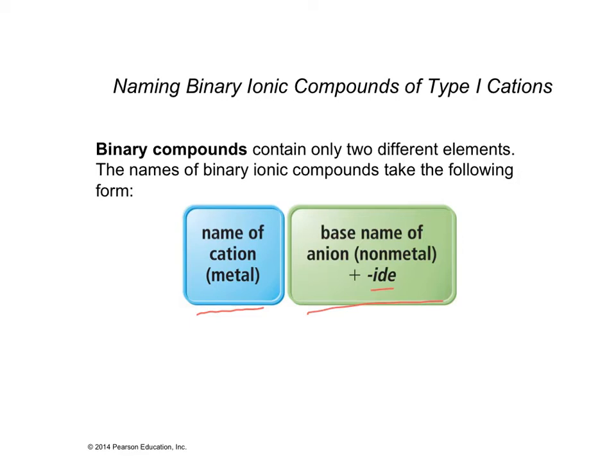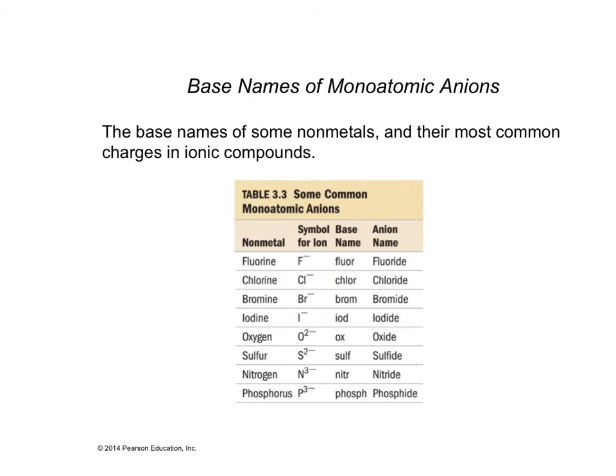So what are the various base names of the anion? I've given you a couple here: fluorine, chlorine, bromine. These are just a select few, and I've given you the base name for each one: fluor, chlor, brom, iod, ox, etc. So when we're naming these ionic compounds, you're always writing the base name, and then at the end, you write IDE.